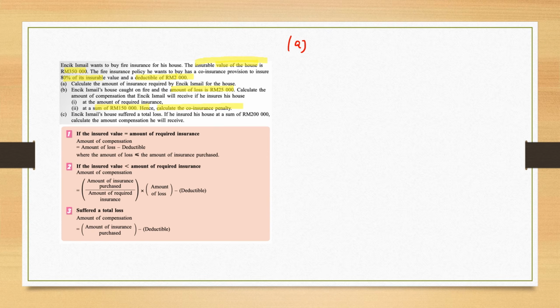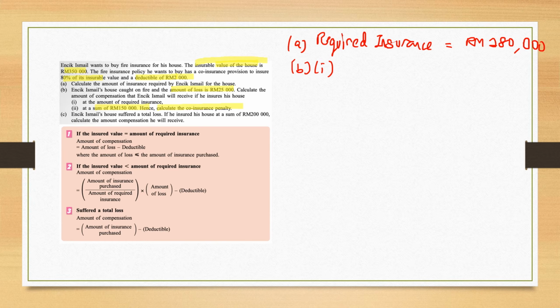Part A, required insurance, will be RM 280,000. Part B1 is the amount of compensation for scenario 1, which is 23,000 ringgit.